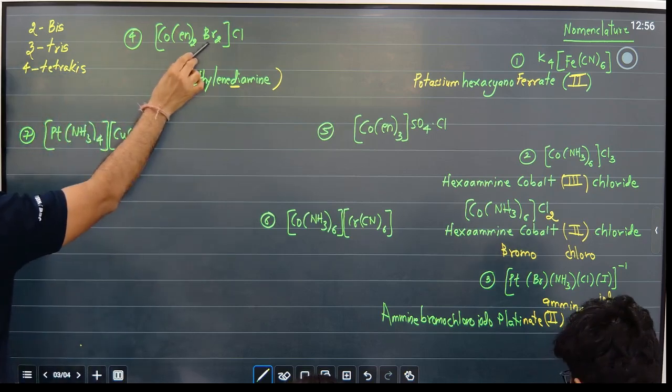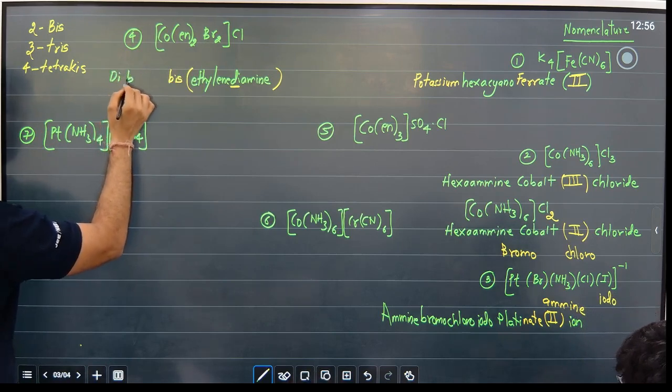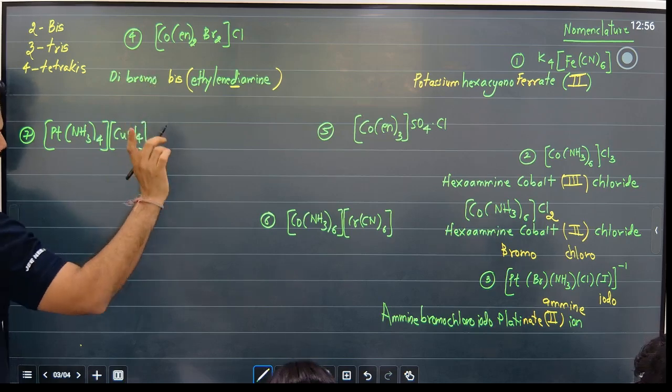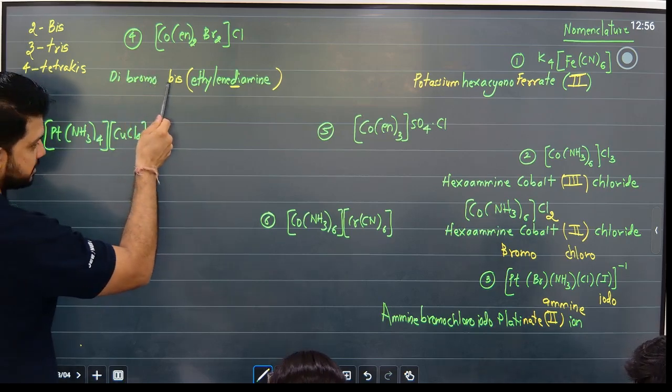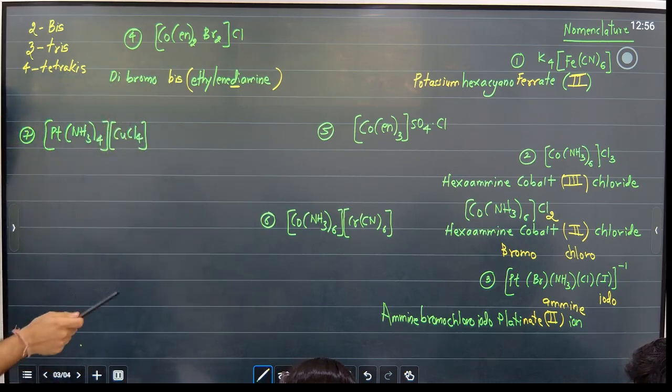Which is the other ligand here? So dibromo. Second thing, observe that the bis and the di are not considered in the initial alphabetical pattern.